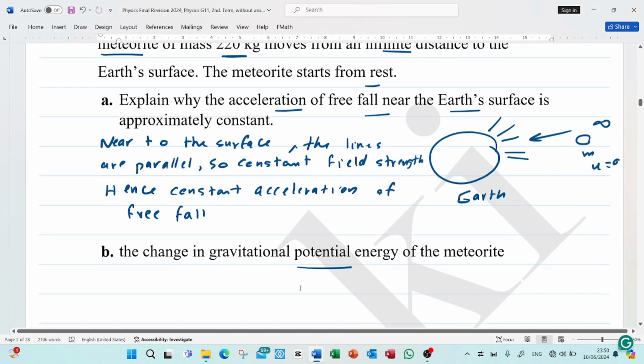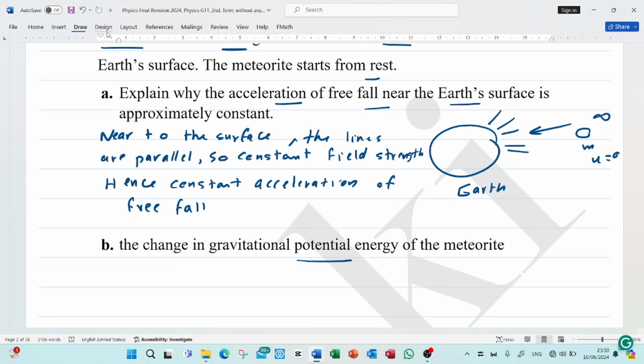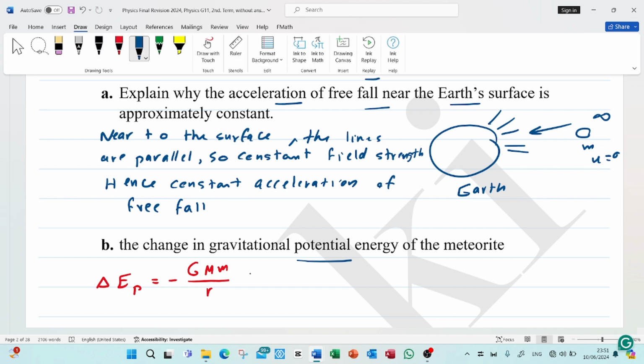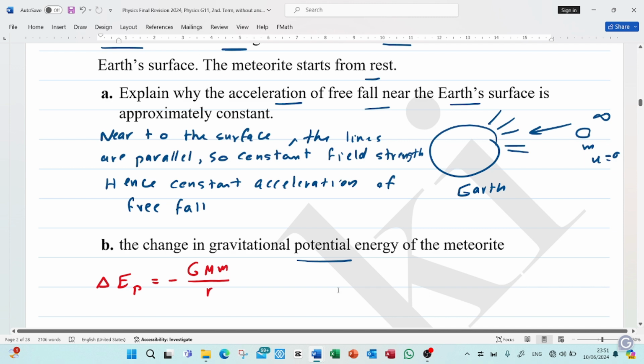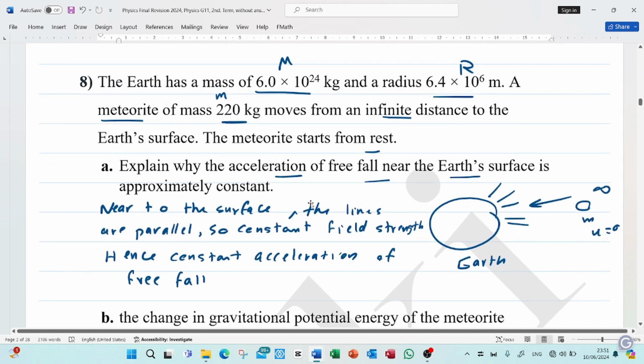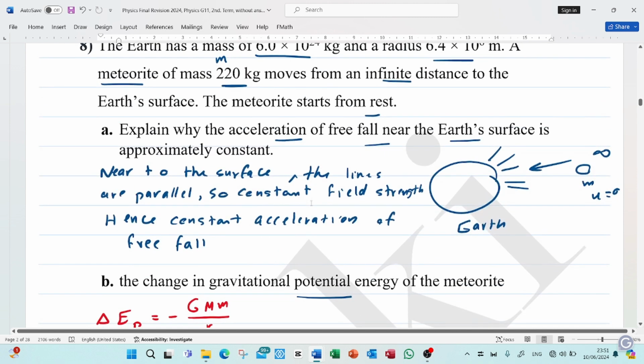Now, the change in gravitational potential, denoted by delta E_p, equals the negative G M capital M small over R. We do substitution. We have M capital, we have M small, and what is R here? He said the gravity of the Earth. Now we need to change it until the surface of the Earth. Then R small is R capital here.